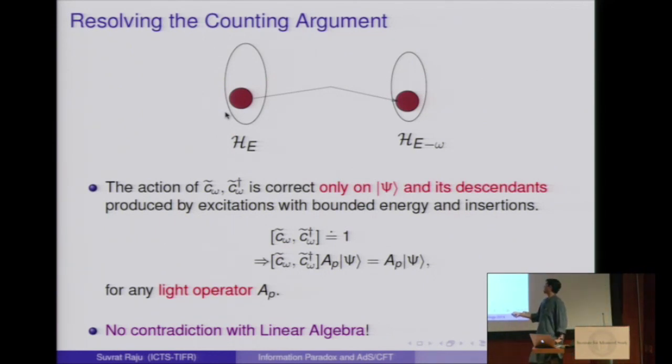And once again, you can see this rather precisely, with the same dot equal to sign: this commutator is not really 1. But it appears to be 1 for any low energy observer who is exciting the state psi with some reasonable light operator A_p. And so that's again the resolution. And if this commutator doesn't have to be 1, then there's no reason for these operators to have a left inverse. So it's once again the same resolution.